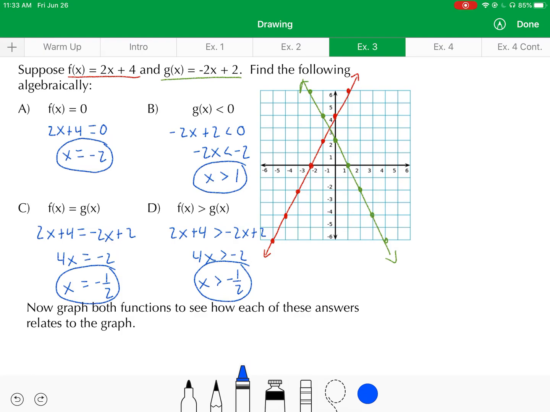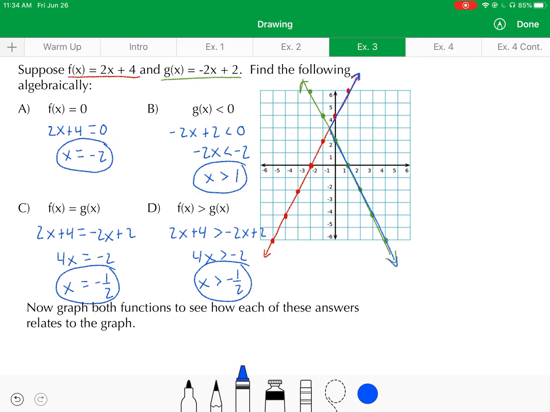And if I want the points of f to be having larger y values than the points of g, then that means I want the red line for f to be higher in comparison to the green line for g. So that would be right here. That would be all of these points on the red line. They are going to have larger y values in comparison to all of these points, right?